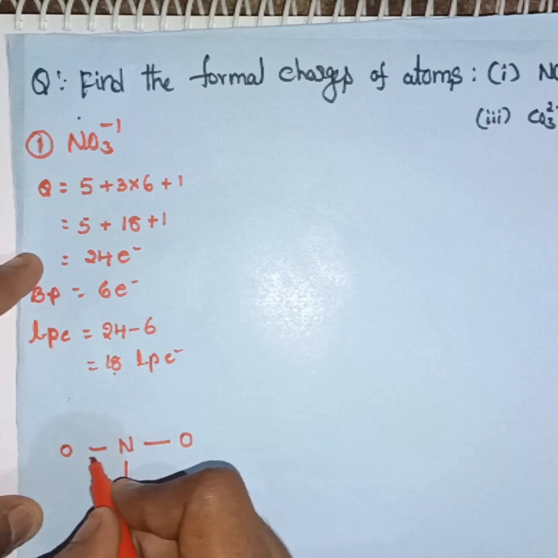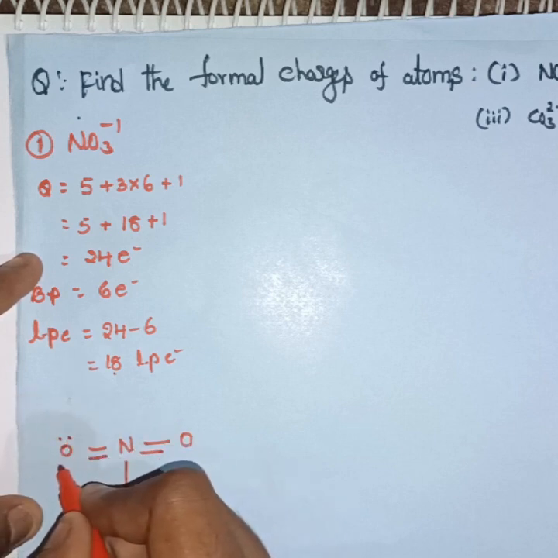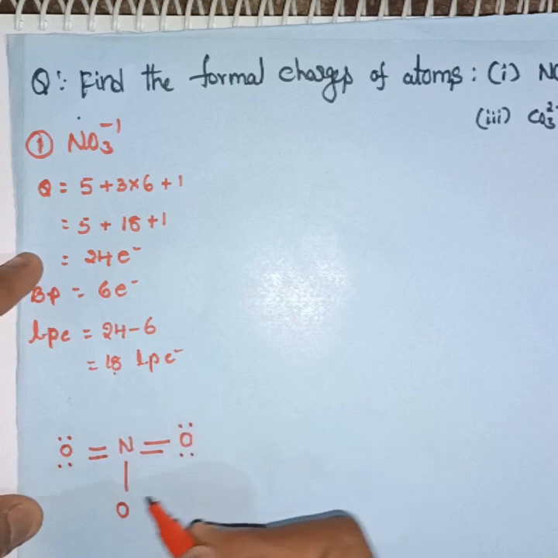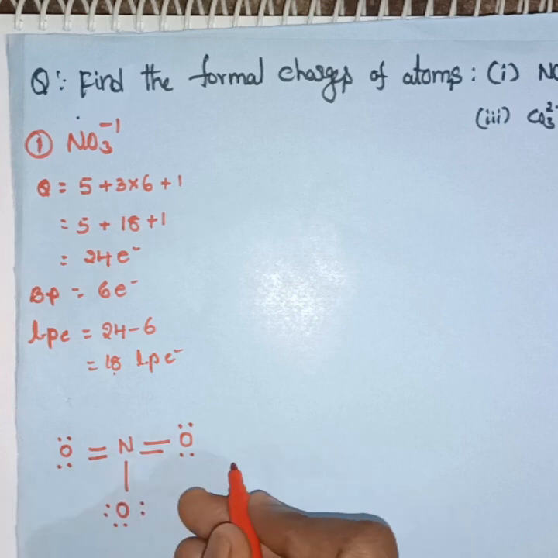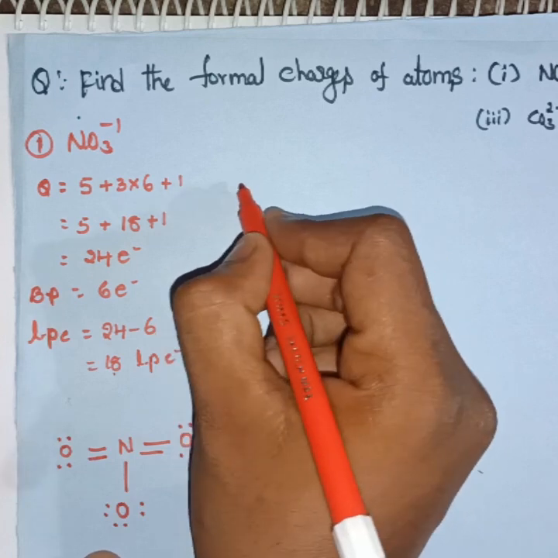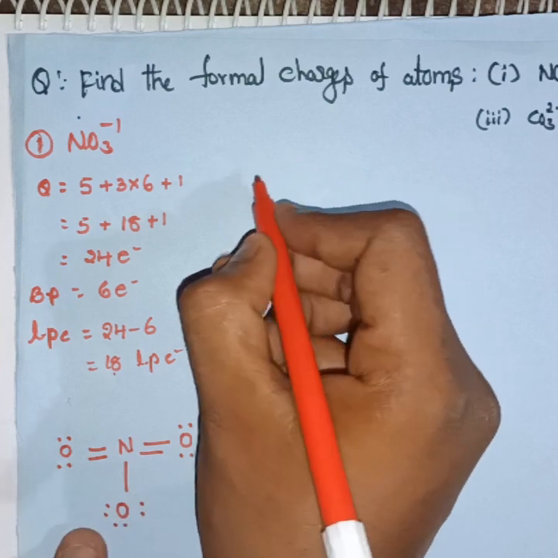That's why 2, 4, 6, 8, 10, 12, 14, 16 and 18. Here we have to calculate formal charges for N and the 3 O's.